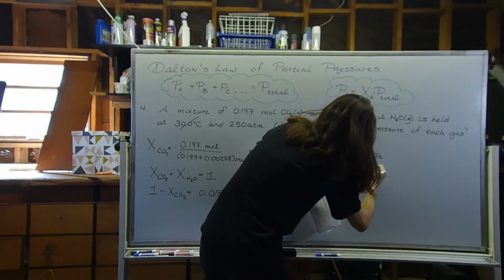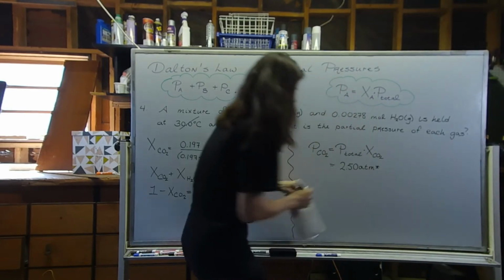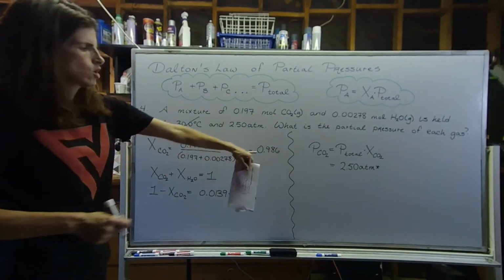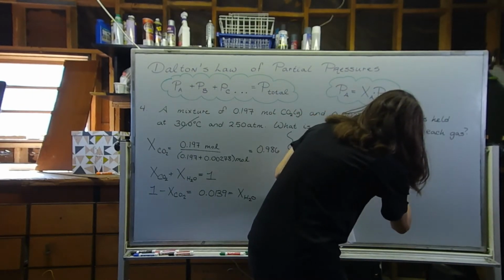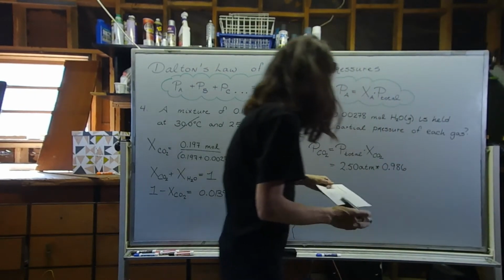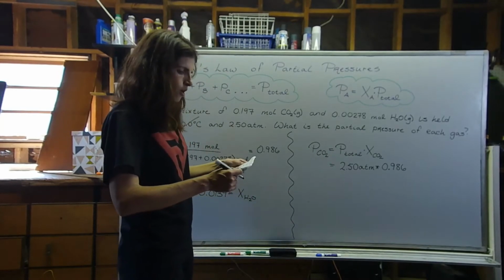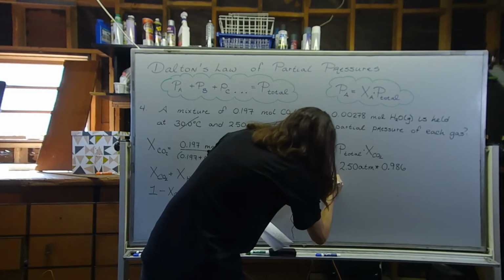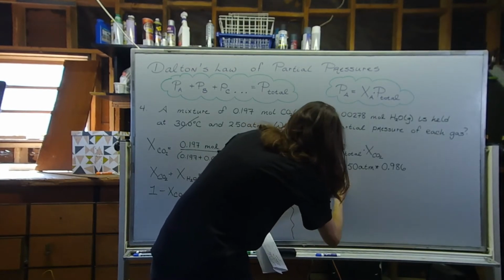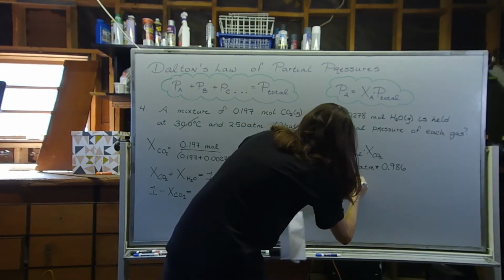And we're going to multiply by the mole fraction of the carbon dioxide, which is 0.986. And when I did that, I got a partial pressure for my carbon dioxide of 2.465 ATMs.